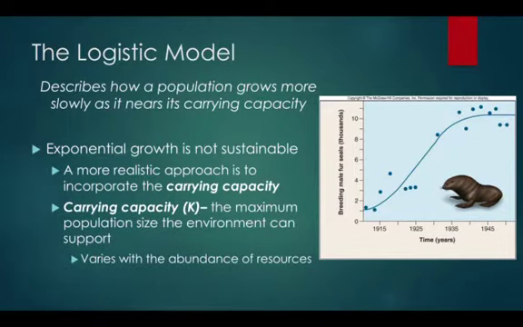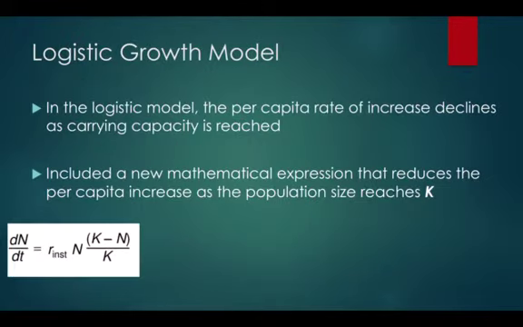The carrying capacity, which is visualized by the letter K, capital K, is the maximum population size the environment can support, and it varies with the abundance of resources. So depending on the amount of resources in the environment, that carrying capacity could be higher or it could be lower.